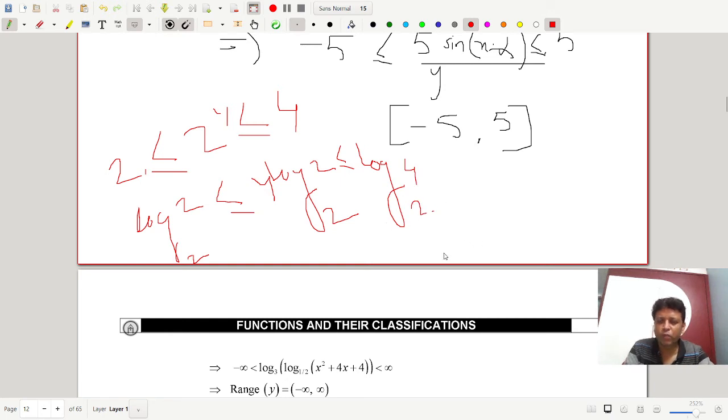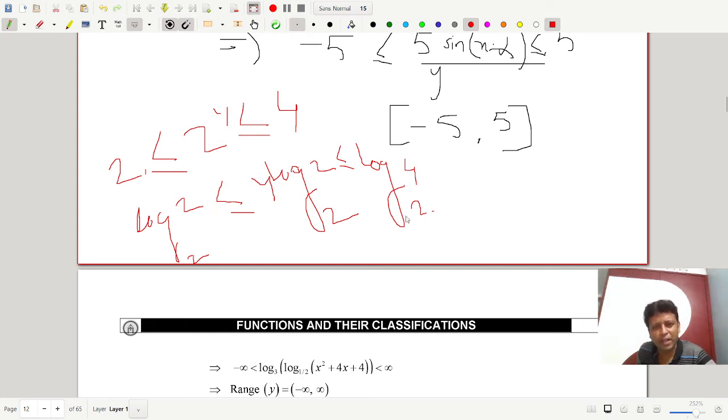Is the base more than 1 or less than 1? Here you have more than one. So if the base is more than one, it is an increasing function, so the inequation will remain the same. You don't have to change the inequation.